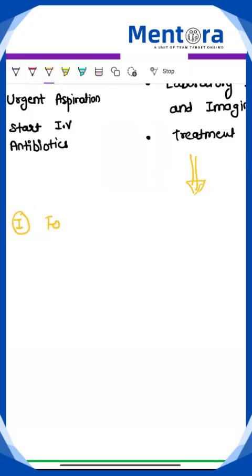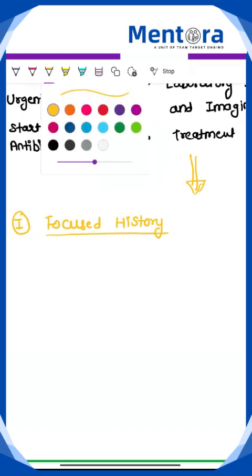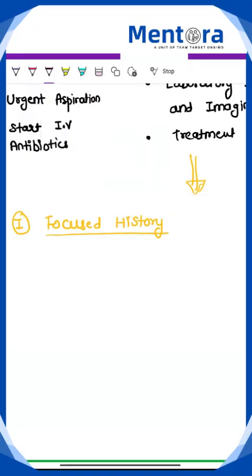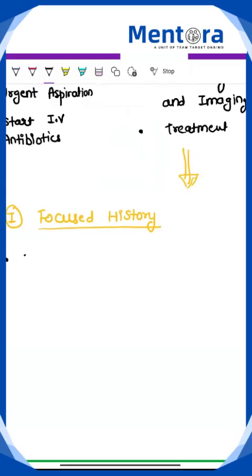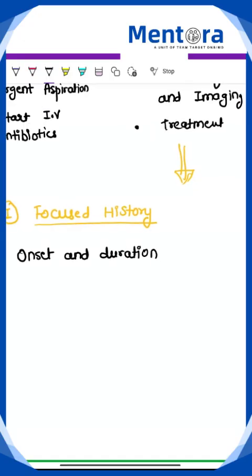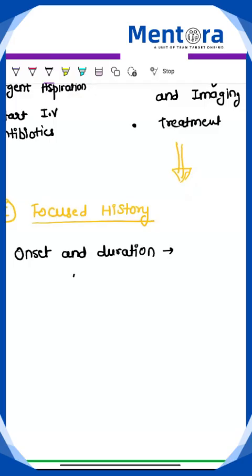First is focused history. Ask the history of onset and duration, acute or chronic.